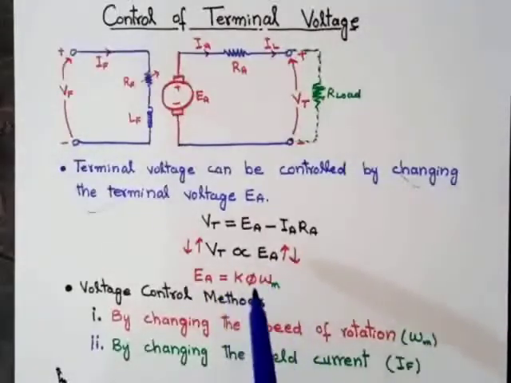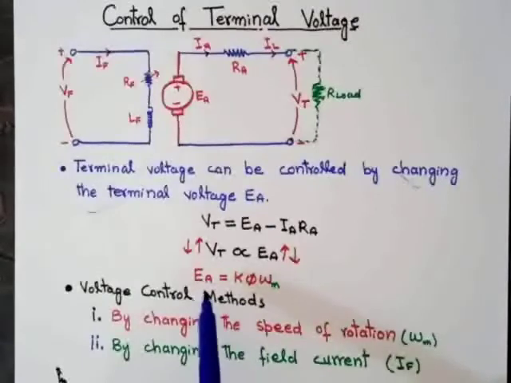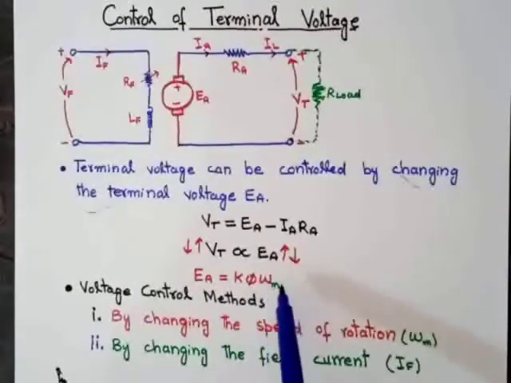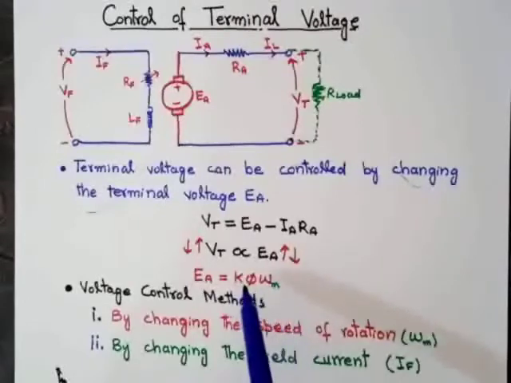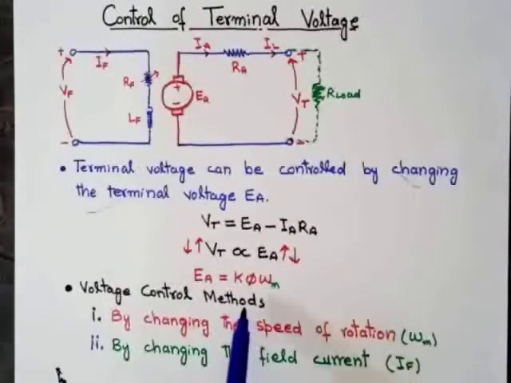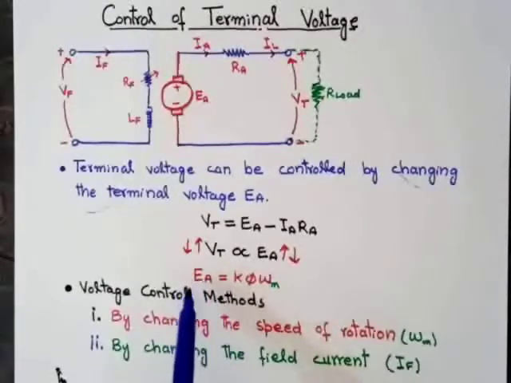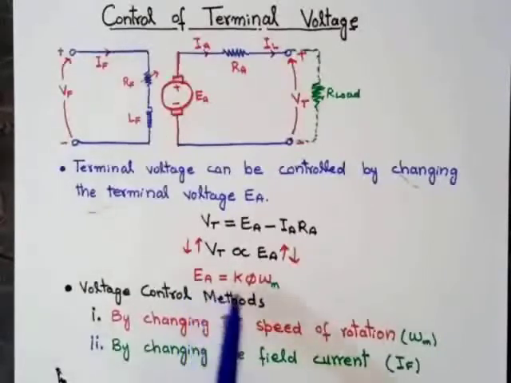And also, as we know, internal generated voltage is equal to K phi into omega m, where omega is the speed and phi is the flux. As you can see in this equation, there are two possible ways to control the internal generated voltage.